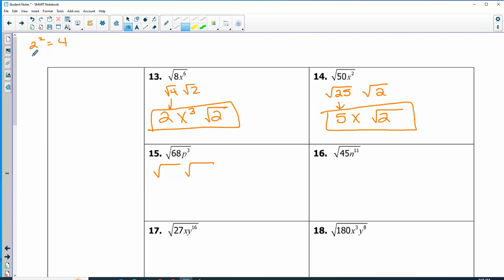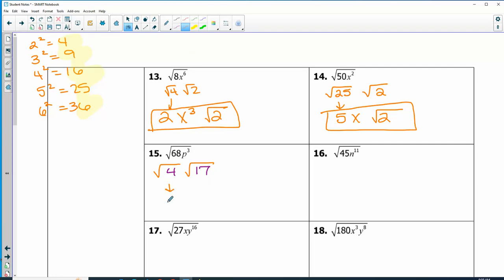Can you do 68 divided by 4? Yeah. So we are looking at these perfect squares, and if you need to on a test or quiz, you can make yourself a list of these. You are trying to see, can I divide it by any of these numbers? So that would be 4 and 17.